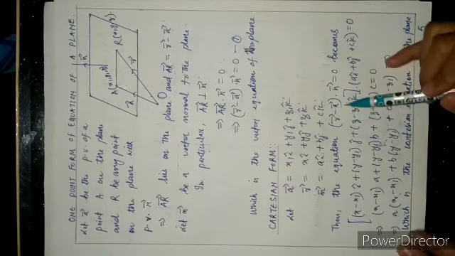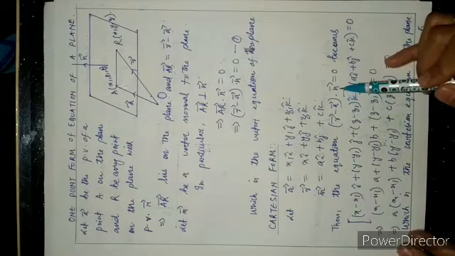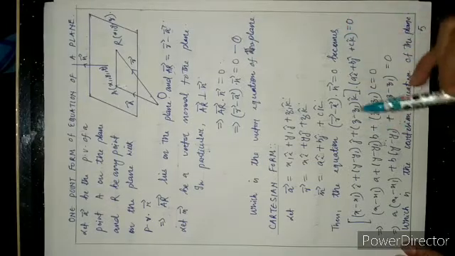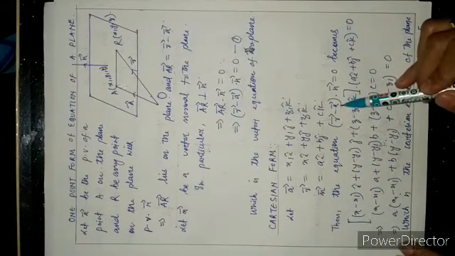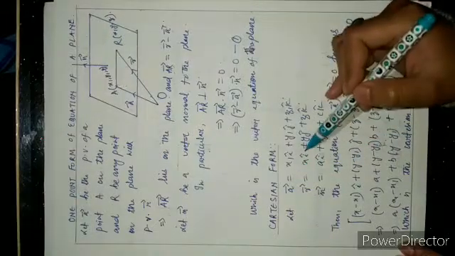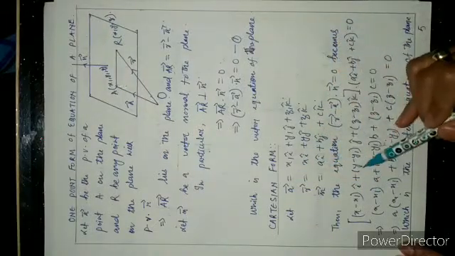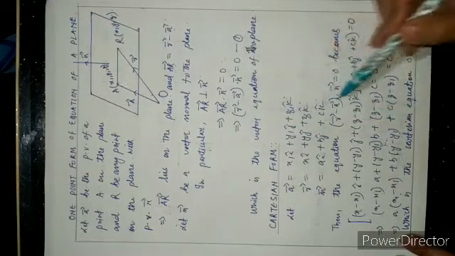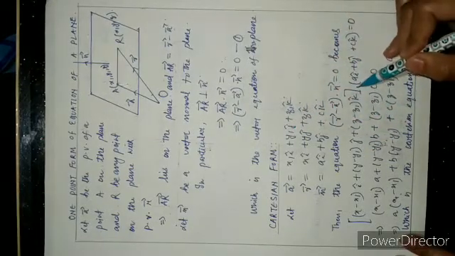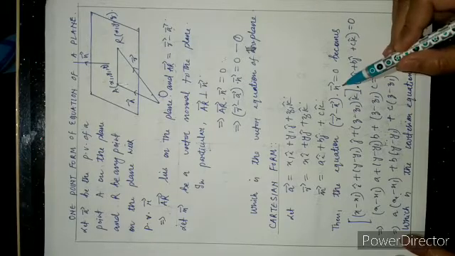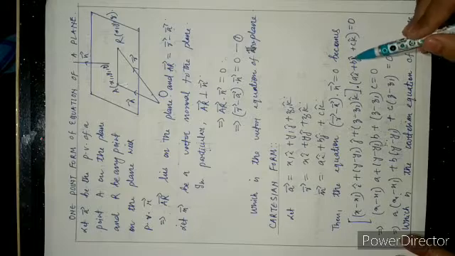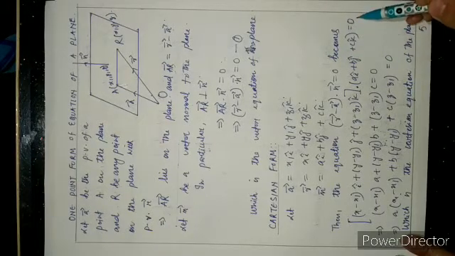Then the equation R vector minus a vector dot N vector equals to 0 becomes: R minus A is x minus x1 i cap plus y minus y1 j cap plus z minus z1 k cap, dot N vector. Write the components of N: a i cap plus b j cap plus c k cap equals to 0.